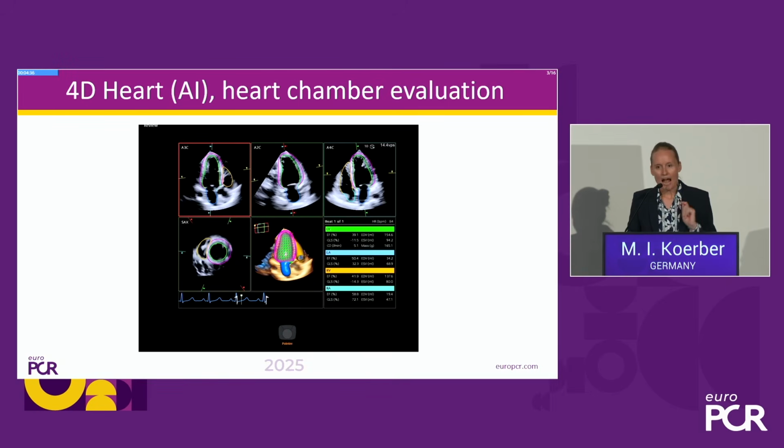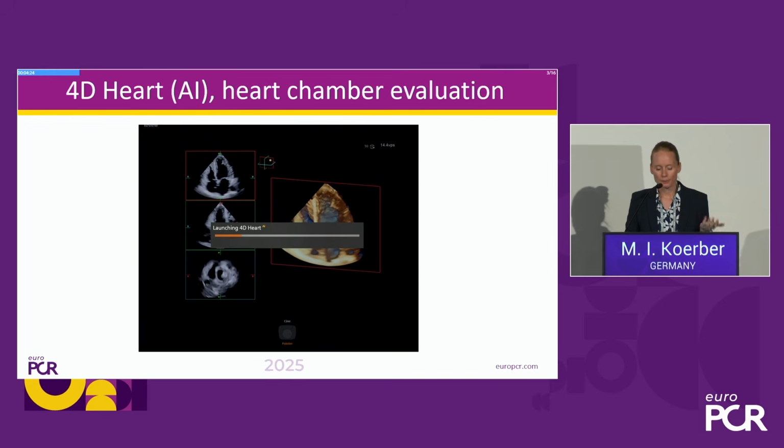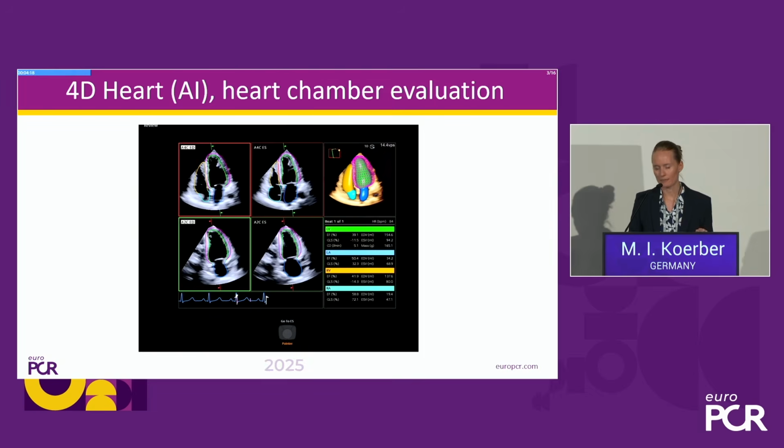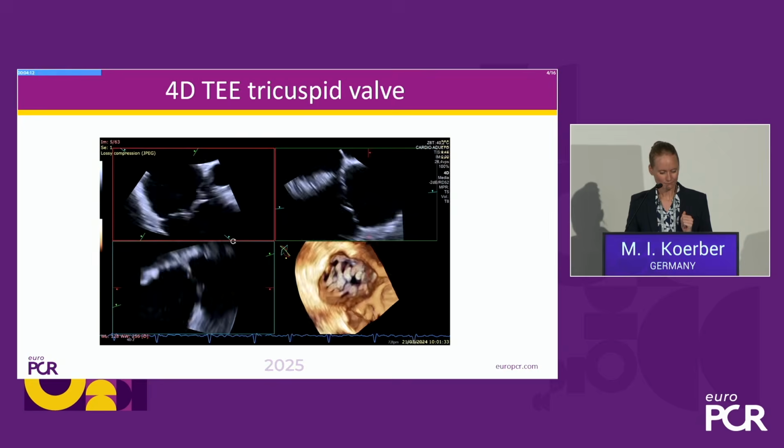Here, AI tools, for example this software program from Siemens, can help us immensely. This is a 4D heart where we can have a heart chamber evaluation, as you can see, as quickly as that from a 3D volume, and it gives us all the heart chamber volumes and also 3D LV and RV ejection fraction in a very short amount of time.